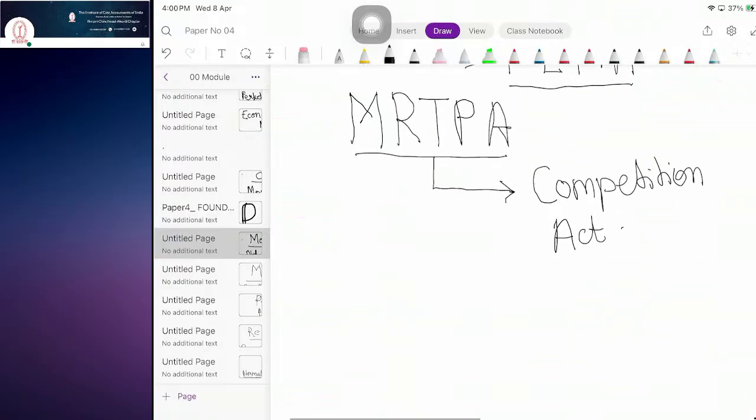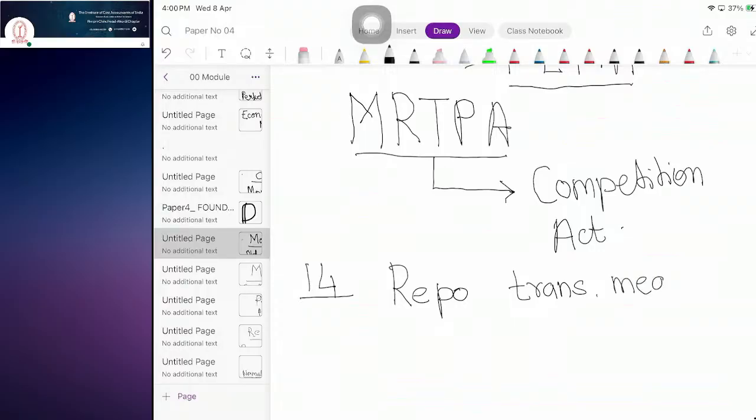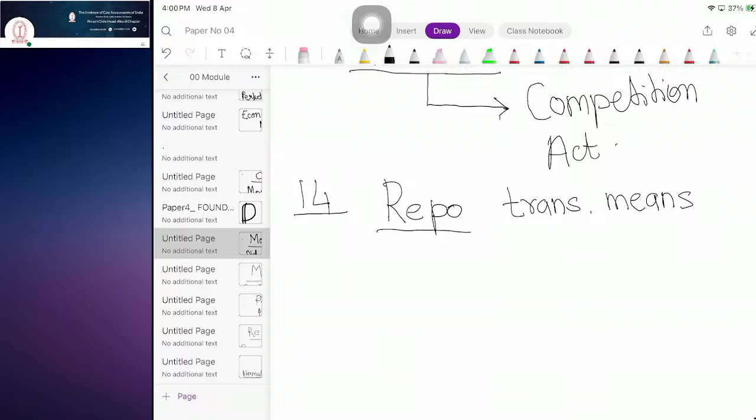Okay, fine. 14A is a question relating to the conduct of monetary policy, and please write what a repo transaction means. Now rewrite this word repo. Repo is a short form for repurchase agreements.